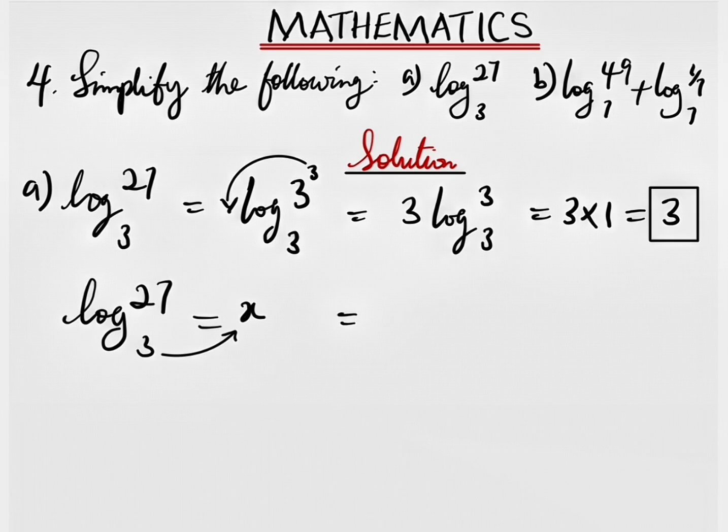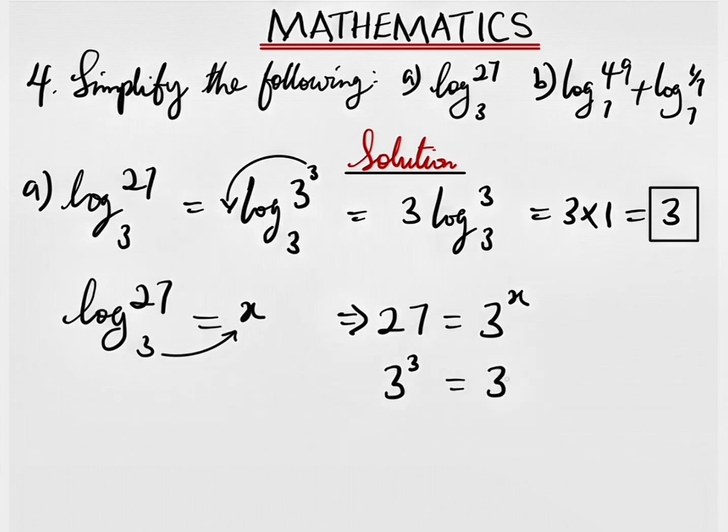All right, so we have 27 equal to 3 to the power of x. You see, this 3 came here to the right hand side, and x became its exponent. So from here now, we can express 27 as 3 to the third.